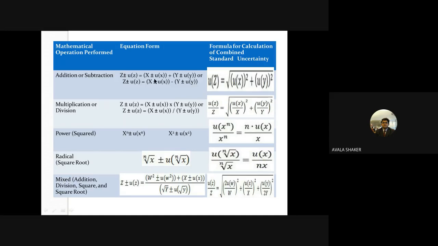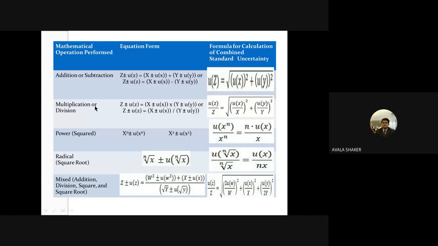So the total standard uncertainty will be the square root of the uncertainty in x squared plus the uncertainty in y squared.